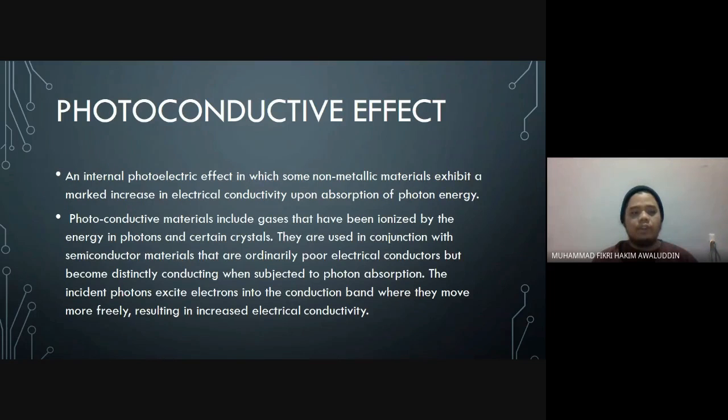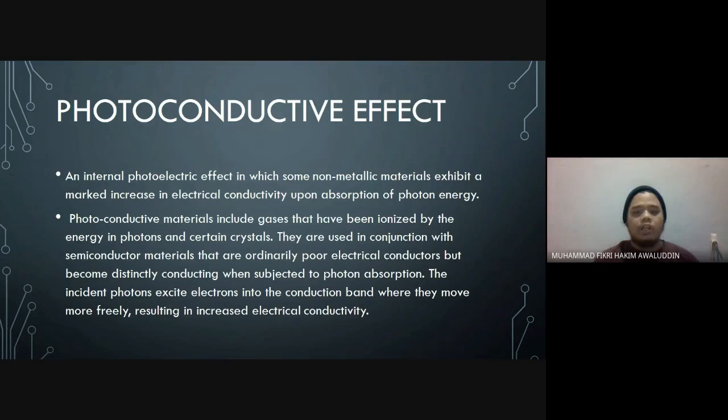Photoconductive effect. An internal photoelectric effect is one in which some non-metallic materials exhibit a marked increase in electrical conductivity upon an exertion of photon energy. Photoconducting materials include gases that have been ionized by the energy in the photon in a certain crystal.